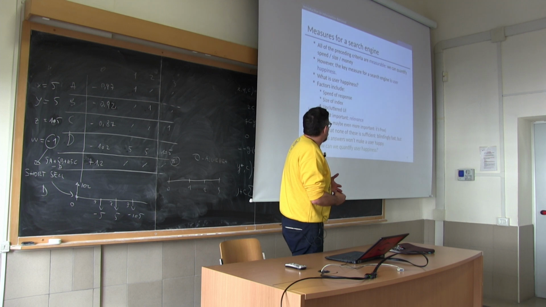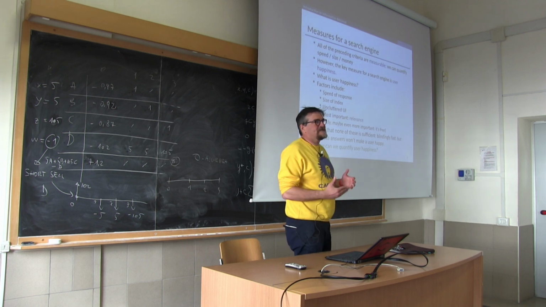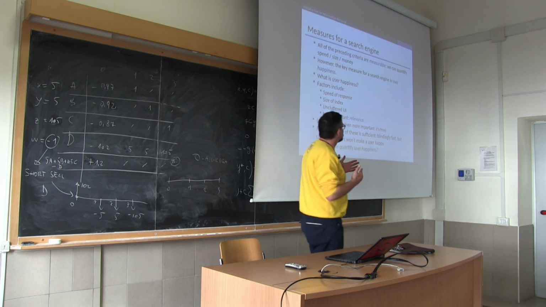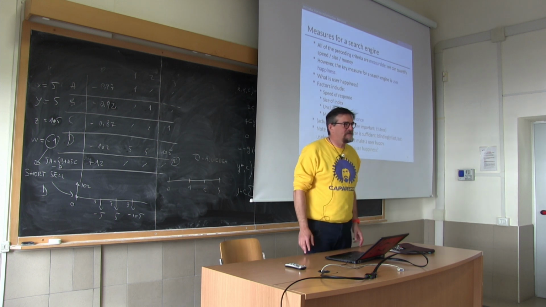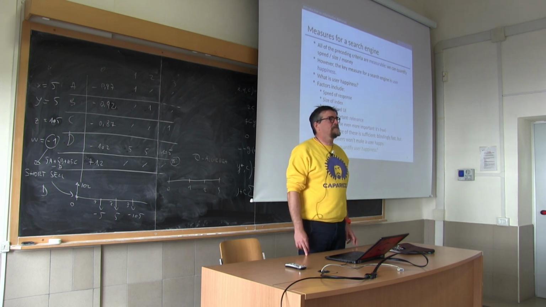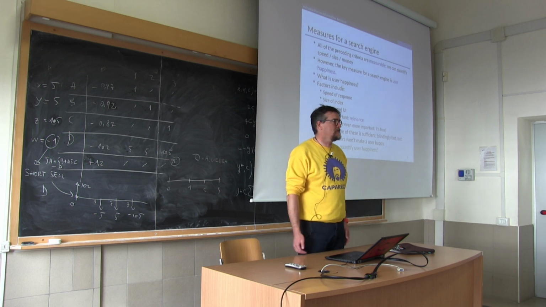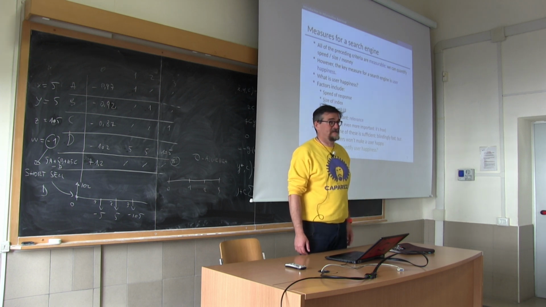Okay, clearly, you cannot consider only one metric, because assume that you have very relevant documents for your query, but those are provided in 1 year. There are studies in which basically you expect to get results after a few seconds at most.